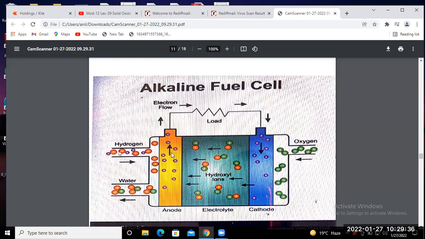So electrons flow from anode to cathode if we connect the load. That means if you connect the load, the electrons flow from this anode path.